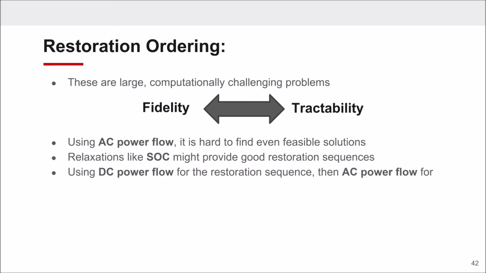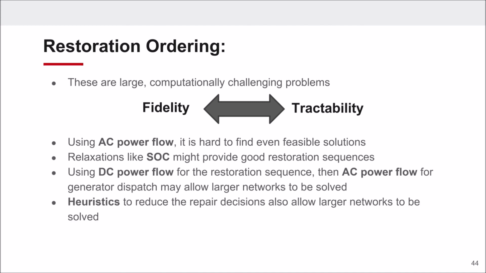DC power flow doesn't fully capture all the physics, but it might be able to solve that restoration sequence, and then maybe we can recover AC power flow with generator redispatch. And then heuristics may allow us to consider a reduced number of repair decisions and allow us to be able to solve larger networks with these algorithms.